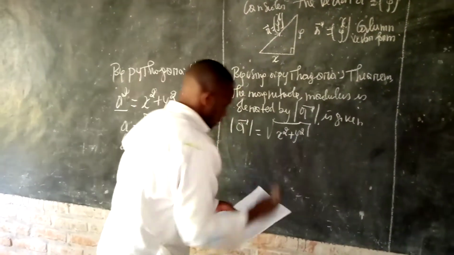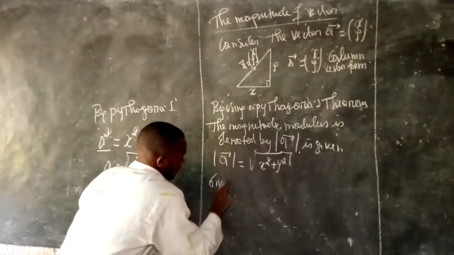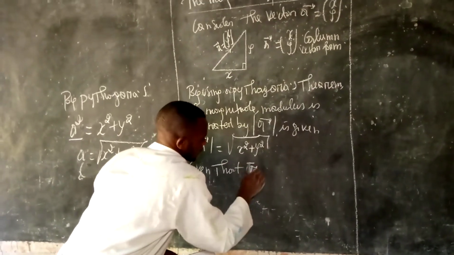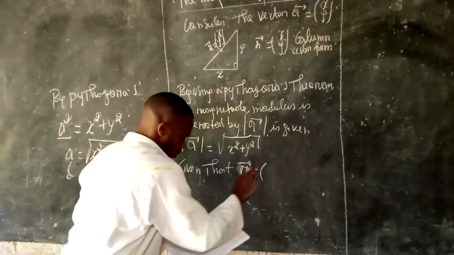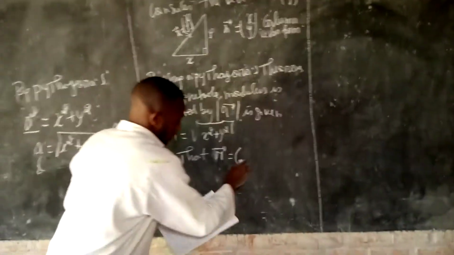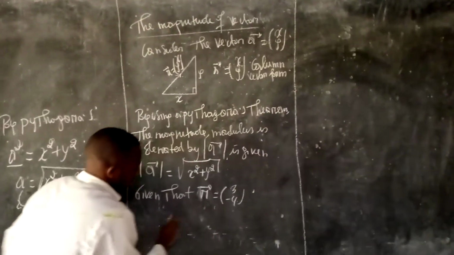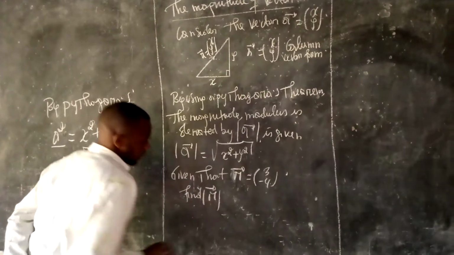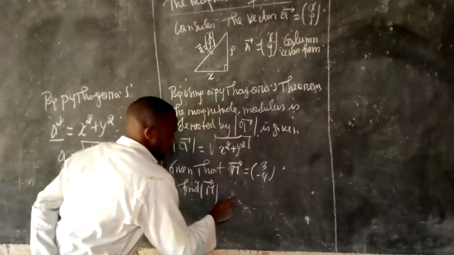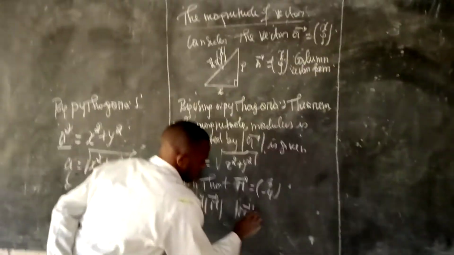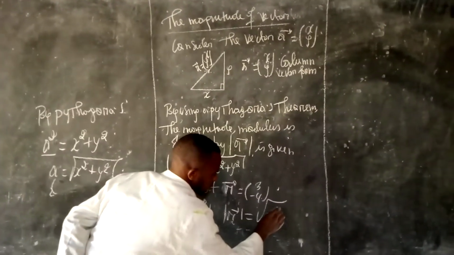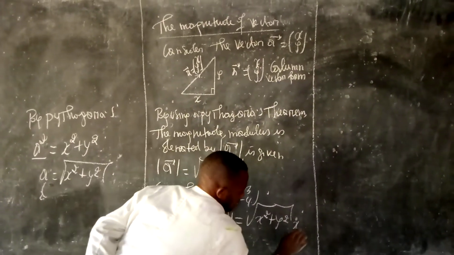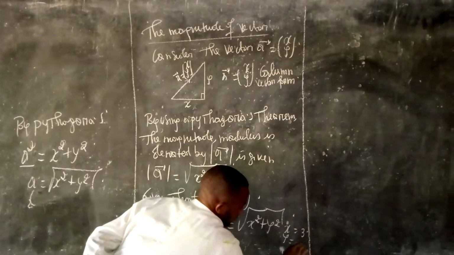So now here we have an example. Given that vector R has the coordinates 3 and negative 4, find the modulus of vector R. So the modulus of vector R is equal to the square root of x squared plus y squared, where x is equal to 3 and y is equal to negative 4.